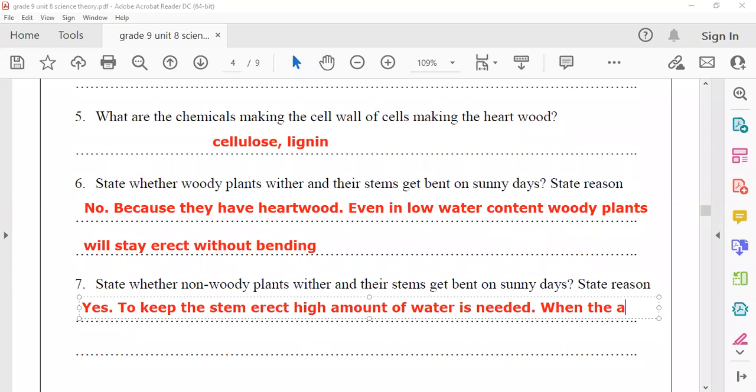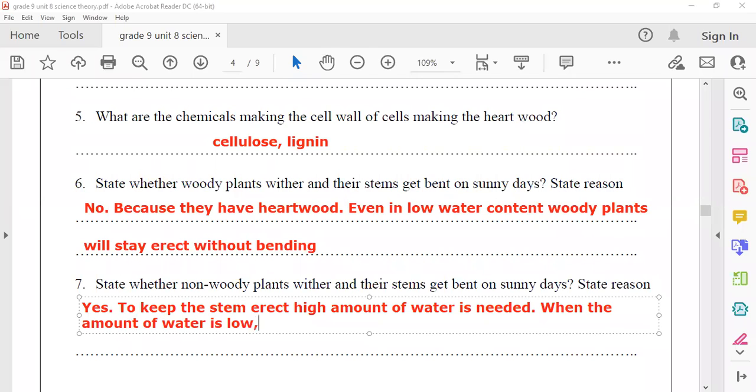When the amount of water is low, the stem loses its rigidity and bends.